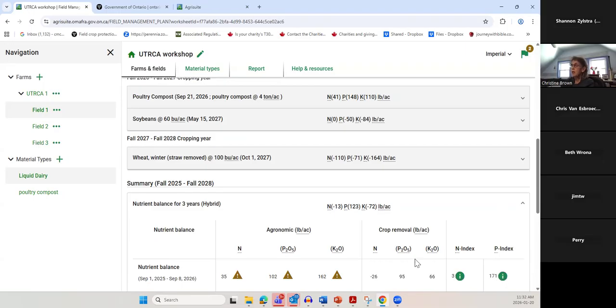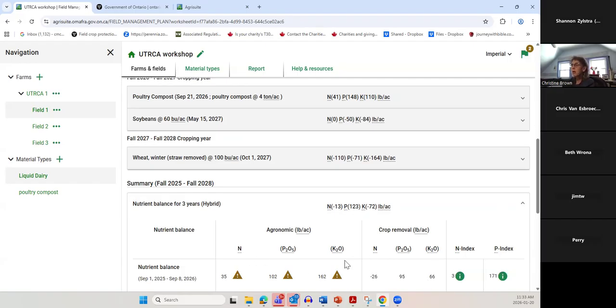Nitrogen. So if I was trying to put on too much nitrogen and there was going to be significant nitrogen left over that fall to spring period, and especially if I had a sandy soil, I would tend to have yellow or red for nitrogen index or a higher number.